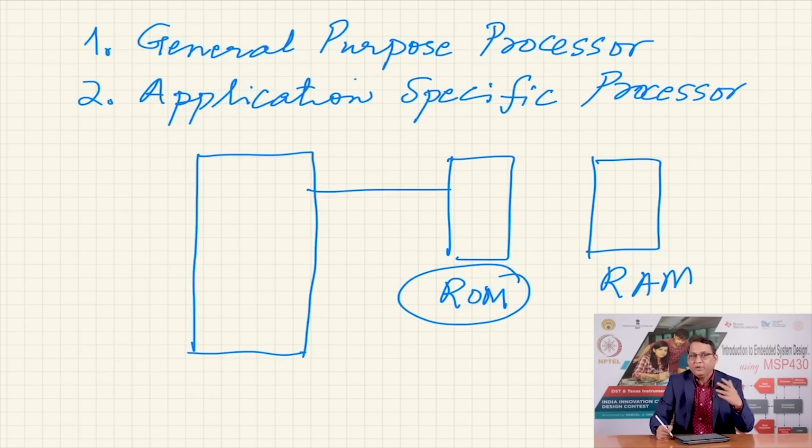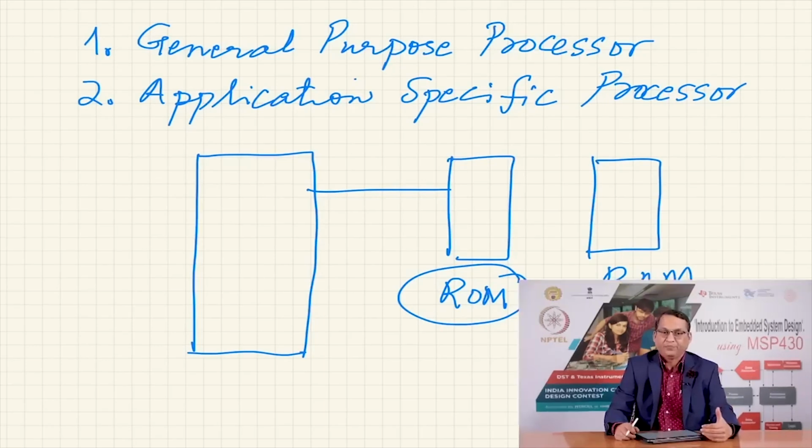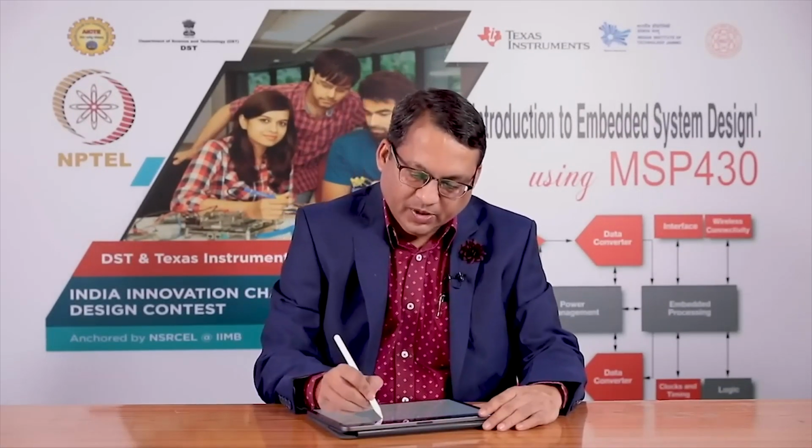Now a competitor may find it very convenient to buy your product, remove this ROM from the circuit, and put it into a device that is commonly called an EEPROM programmer. They are also capable of reading the contents of EEPROM, and they can replicate your system by copying the contents of your program. So if your product is implemented using the general purpose processor approach, it has the potential of being duplicated very easily.